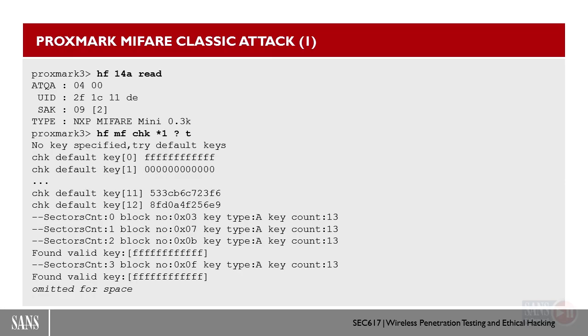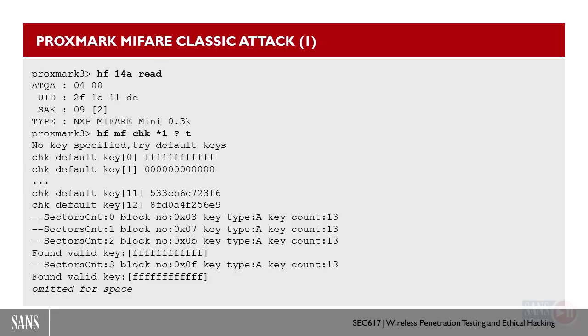We're going to also do similar types of things with the Proxmark as well. In this case, the first step, reading the card, the HF 14A read, so ISO 14443 A series read, shows that it's a MyFair Mini 3K, very similar to the 1K.